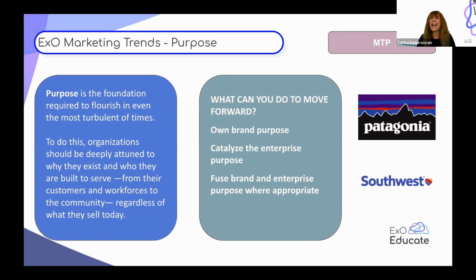So inside this umbrella, they can start integrating different types of business products in the near future. And for Southwest, the MTP is to connect people to what's important in their life through friendly, reliable, and low-cost air travel.